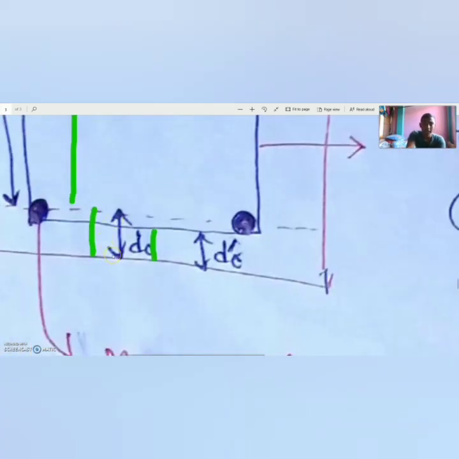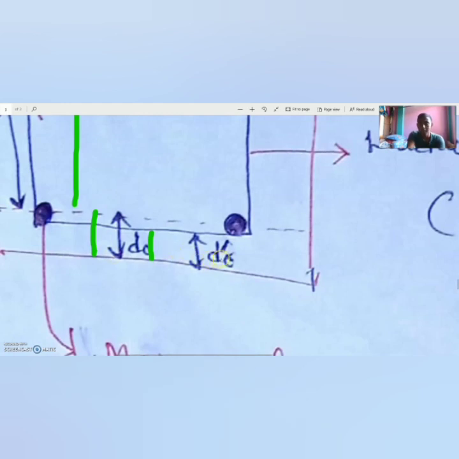It is known as the effective cover, and dc prime is known as the clear cover. Effective cover starts from the center of the bar to the bottom portion, and if we remove half of the bar diameter from it, we get the clear cover.